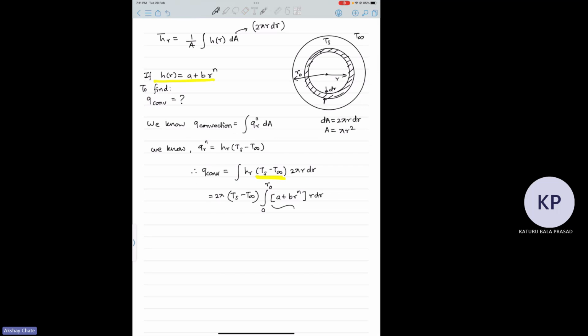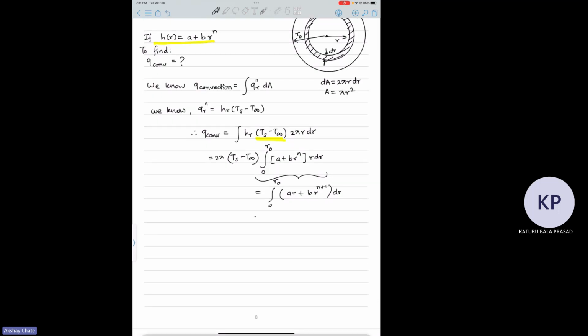So what we'll do, we'll solve this integral and put the constants back later. So this is 0 to R naught of A R plus B R power n plus 1 into dr. Now you do the integration. A will come out as a constant, and the integration of R is R square by 2, from 0 to R naught.